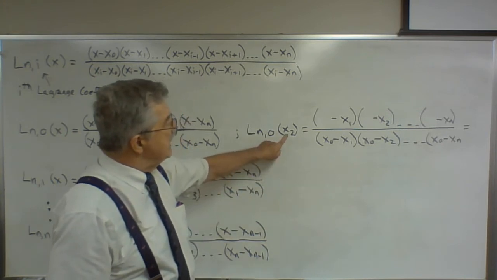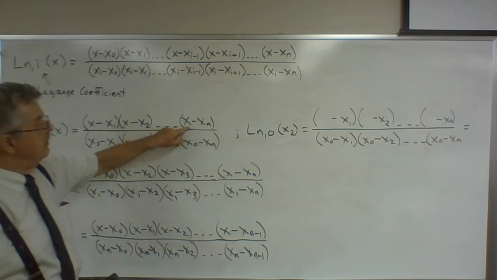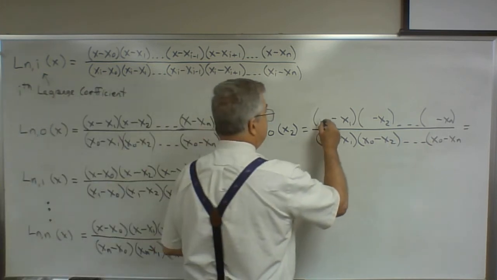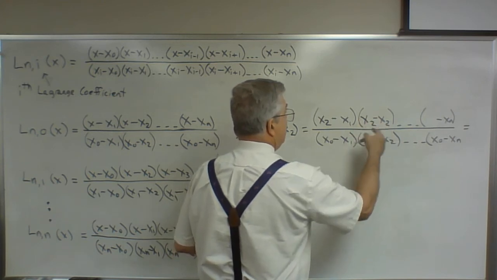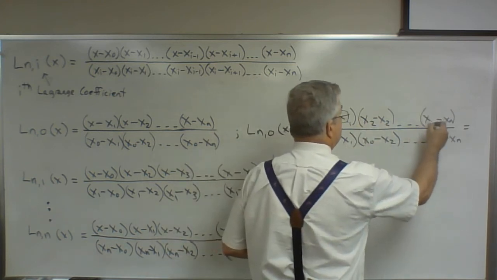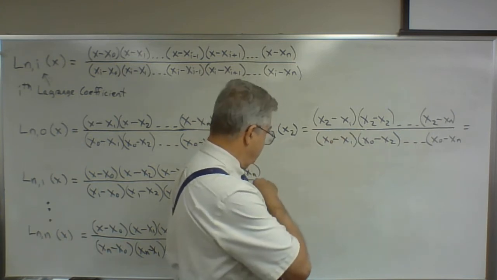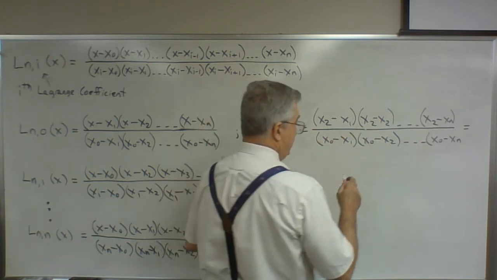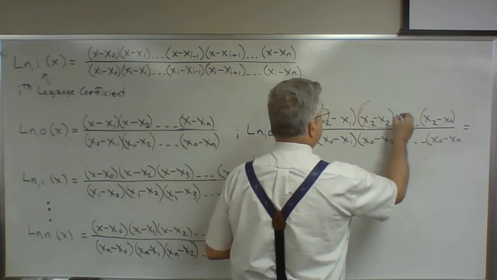If I plug in x of 2 for x, notice what happens. No problem here. Oops, it happened again. It happened right here. And I am going to get 0 again.